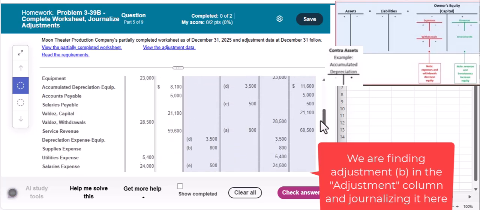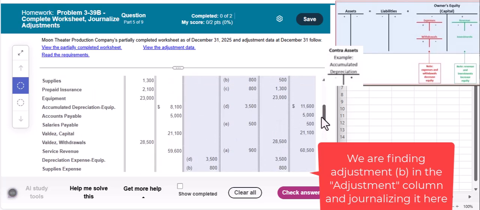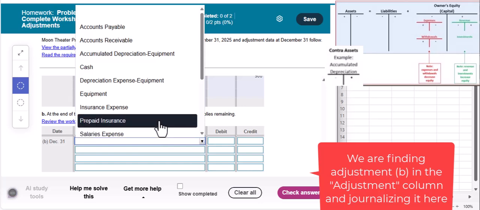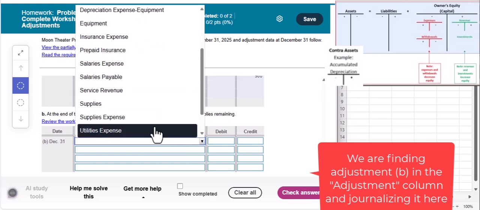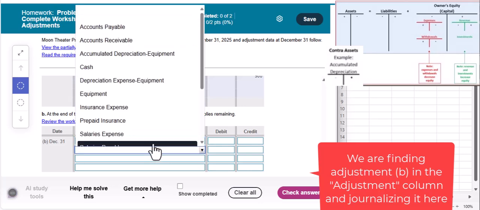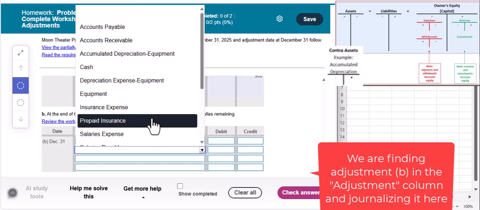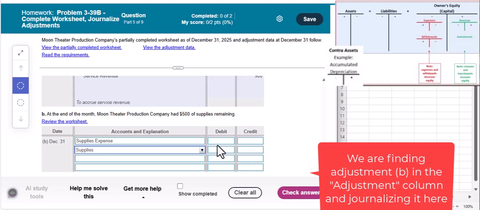But we have B, we have a supplies expense for $800, and then we have a credit to supplies since we are using those up. So we have supplies expense, we are increasing with a debit, and then we have our supplies, which are getting reduced here with a credit. So we have $500 worth of supplies. So don't let this one trick you.